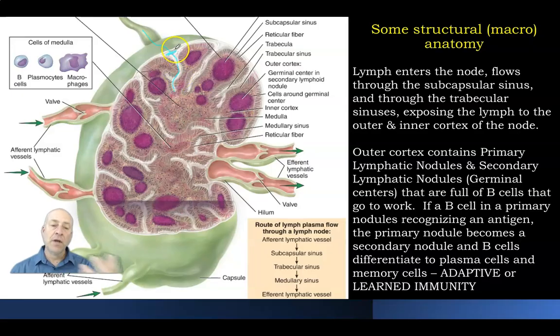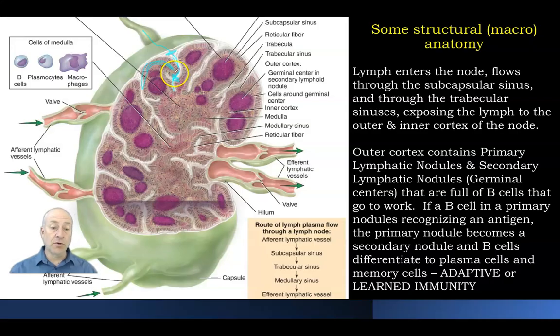But as you flow through the trabecular sinus, you're exposing yourself to the outer cortex. This area here would be the outer cortex. As you flow down through, I'll put an arrow there, hopefully showing clearly that you're flowing downward into the lymph node.